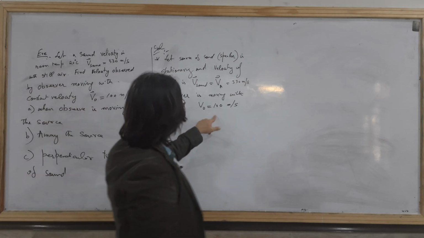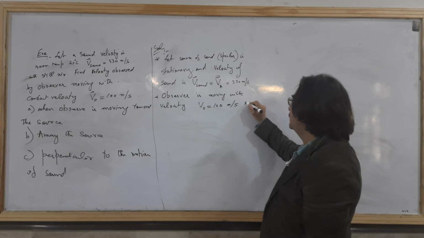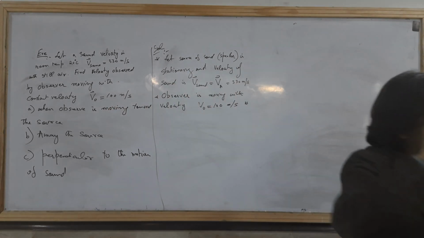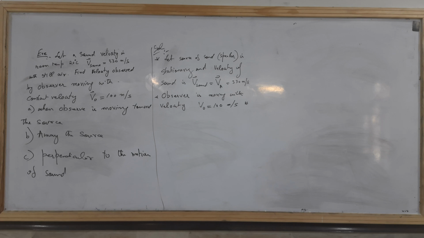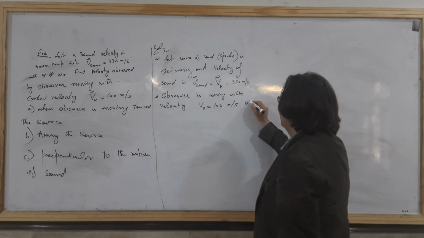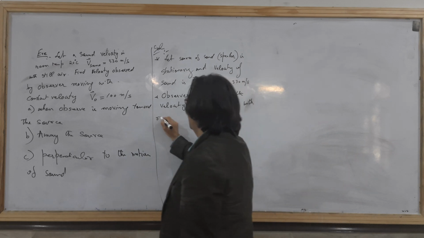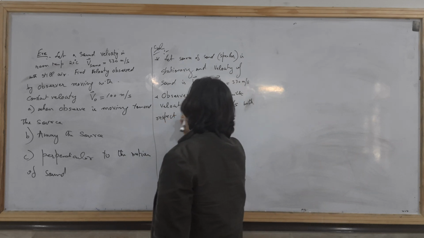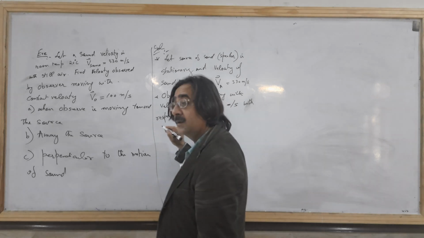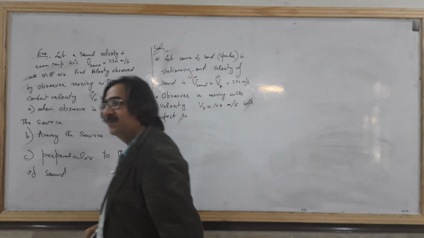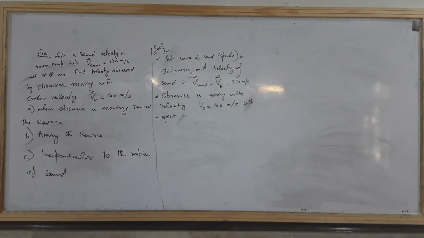And this is velocity with respect to, because we are assuming that the source is stationary. The observer's velocity is with respect to whom? Velocity, whenever it is measured, is measured with respect to something.